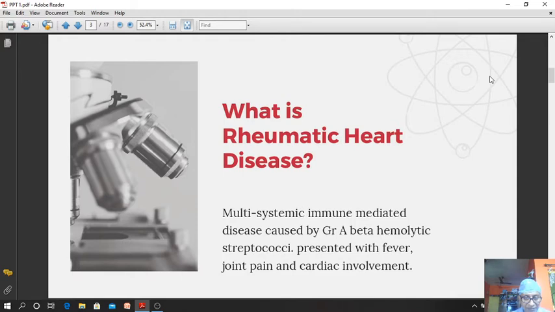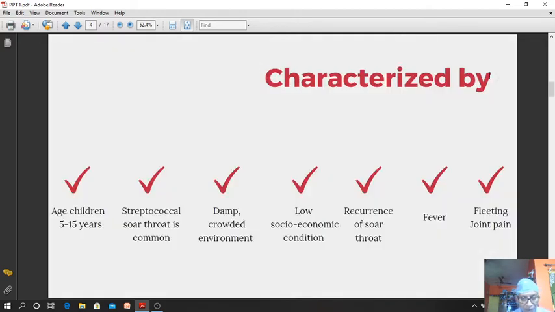Next, this disease is characterized by the age group of children between 5 to 15 years. They commonly have streptococcal sore throat infection, and most of the children live in damp, crowded environments.